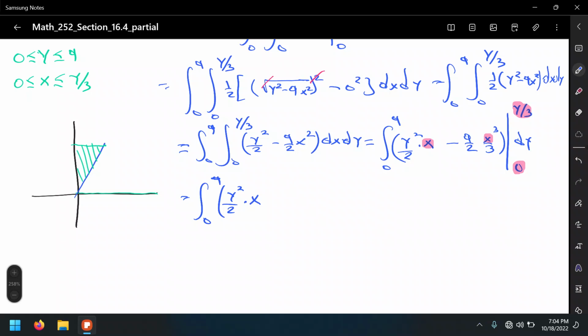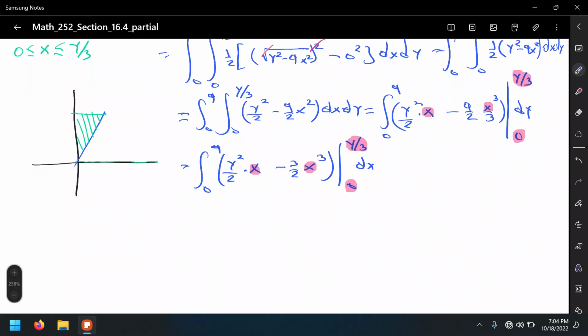So minus 3/2 x cubed from 0 to y over 3 dx. Again, these limits only go with whatever you see dx because we integrated with respect to x.